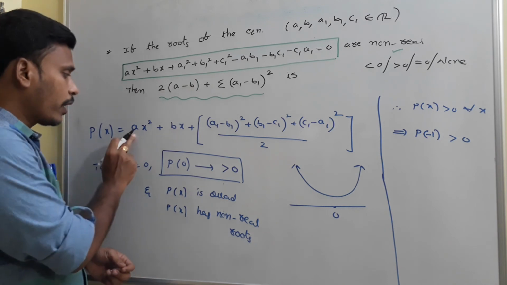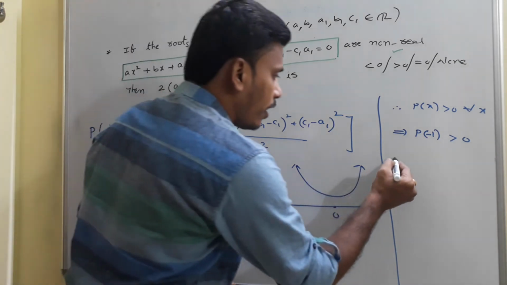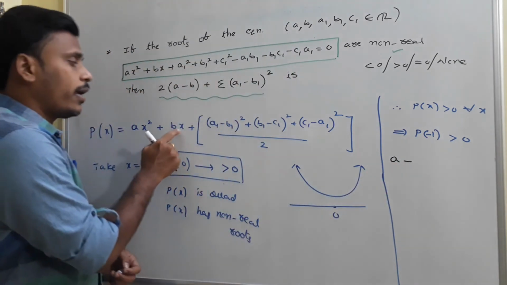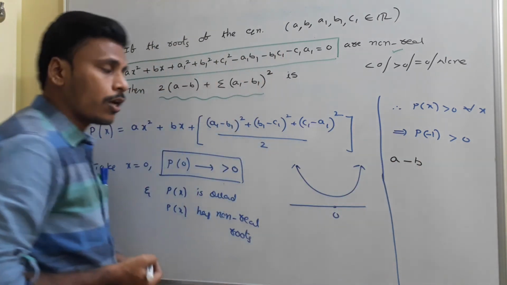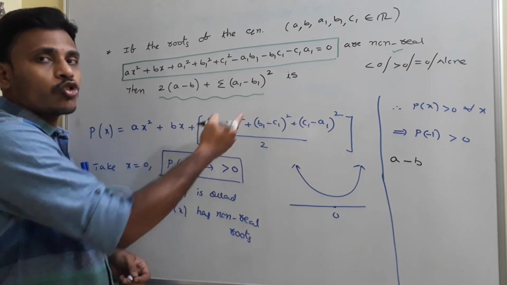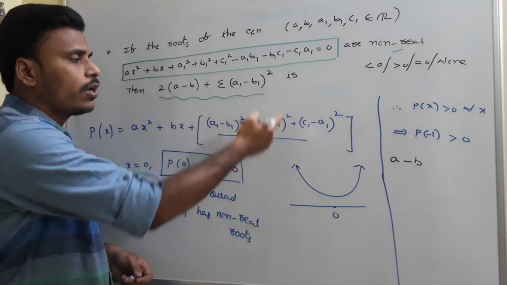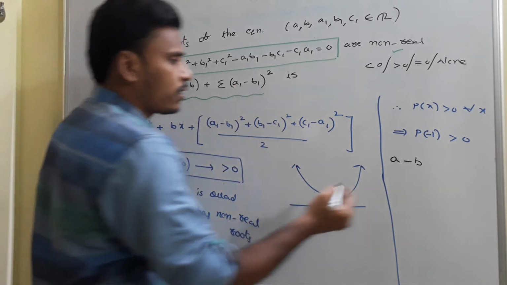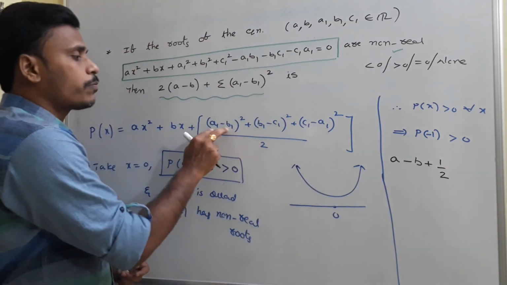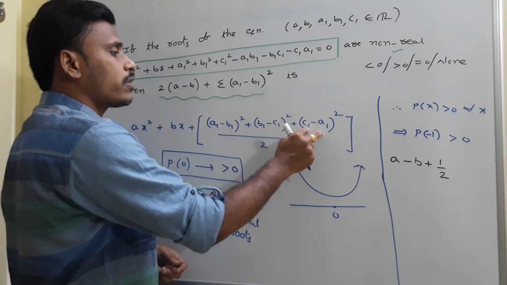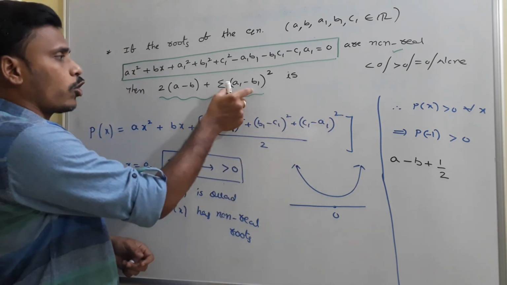I will write directly. A into minus 1 square is A, minus, here we are taking minus 1, right? B into minus 1 is minus B, okay? Plus this total expression. Since x is not involved, you need to take the constant just as it is, like this. Plus half of (a1 minus b1) square plus (b1 minus c1) square plus (c1 minus a1) square is this particular sigma.